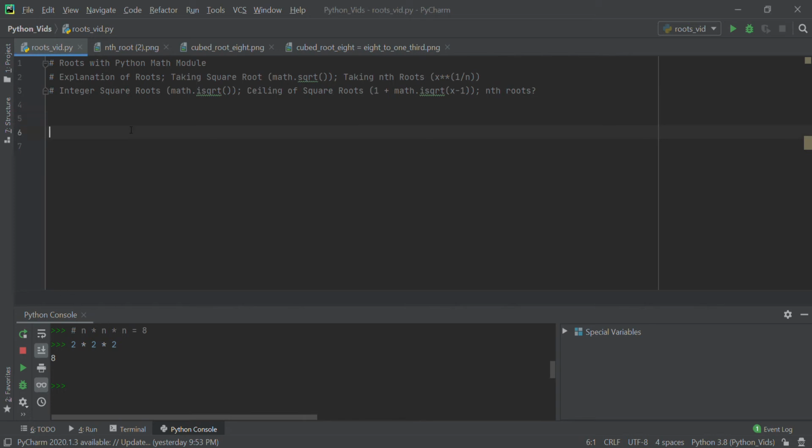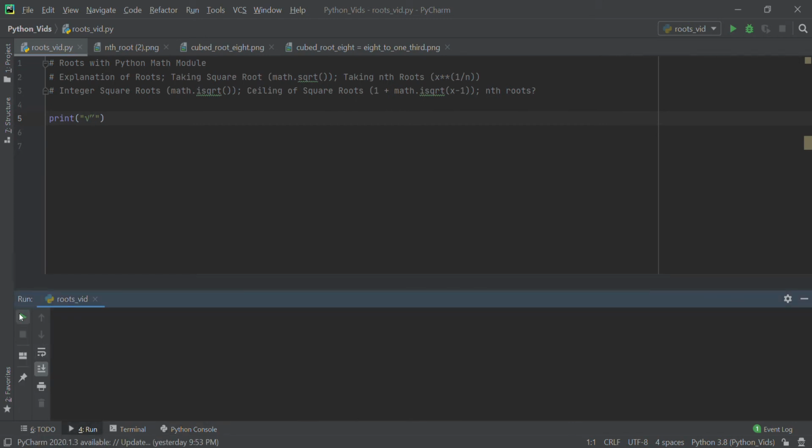You can just print it in a string, and then you run it. Whoops. And you see it does print. I've got a little extra quotation mark there. But it does print it out. That's not going to give you the operation. It's literally a string. If you printed the type of this radical symbol here, it's just going to tell you that it's a string. Yeah, see, class string. It's not like it's an operation or something.